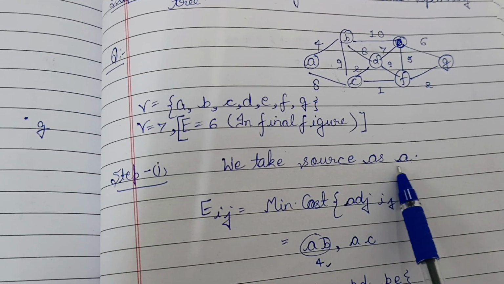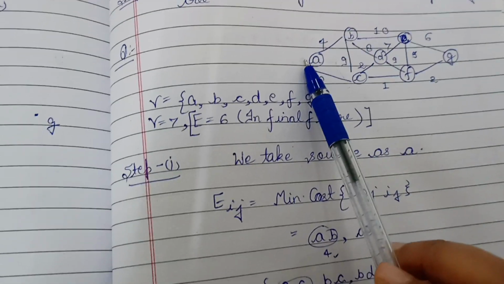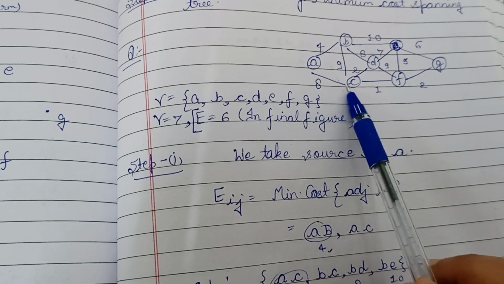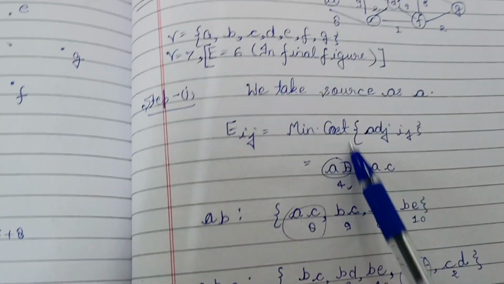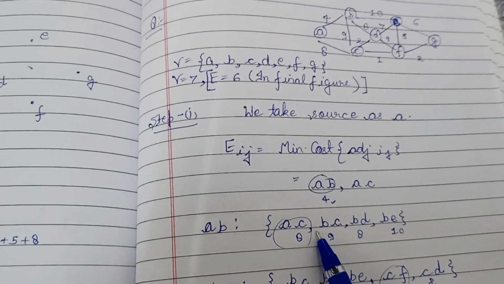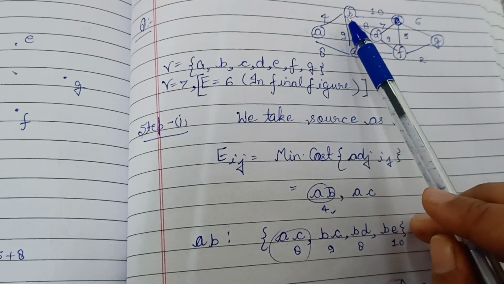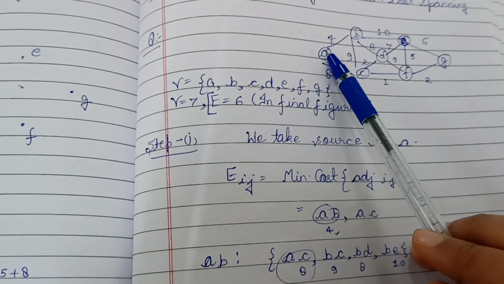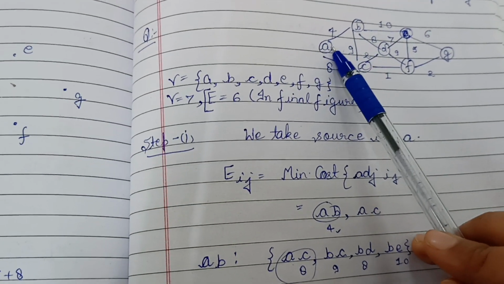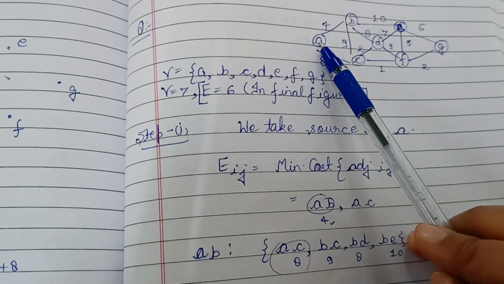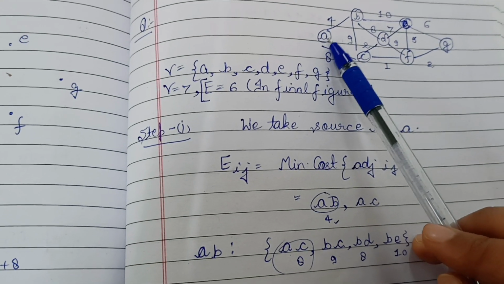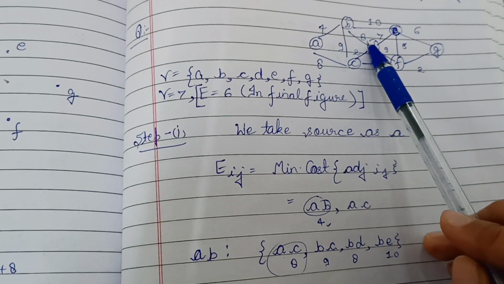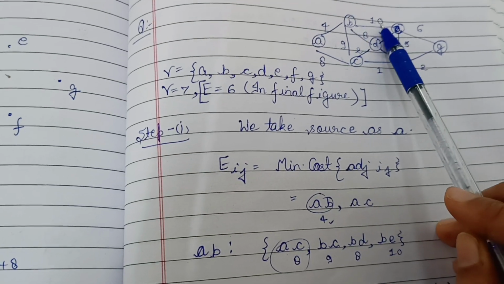So we take the source as A and then the minimum cost AB. AB is there and AC is there as adjacent edges. So we take AB as 4, then we add that vertex also. From A and B we find that AC has 8, BC has 9, BD has 8, and BE has 10.